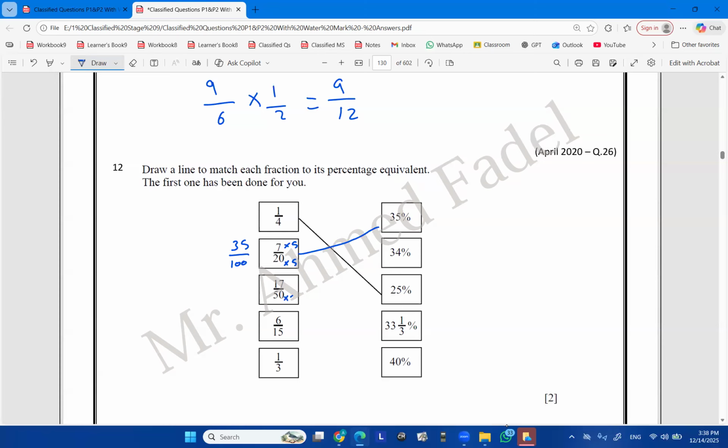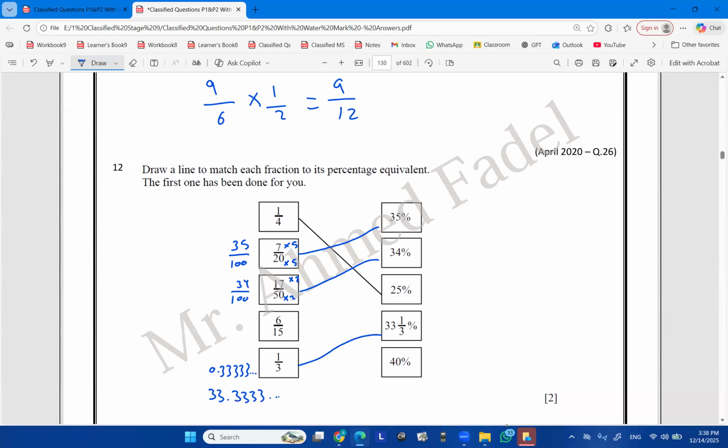Let's keep this one till the end, but I know that this one is 0.33333. So it is going to be what? Multiplying it by 100 is going to become a percentage, which is 33.3333. Aha, Mister, it is 33 and 1/3. Exactly, 33 and 1/3%.